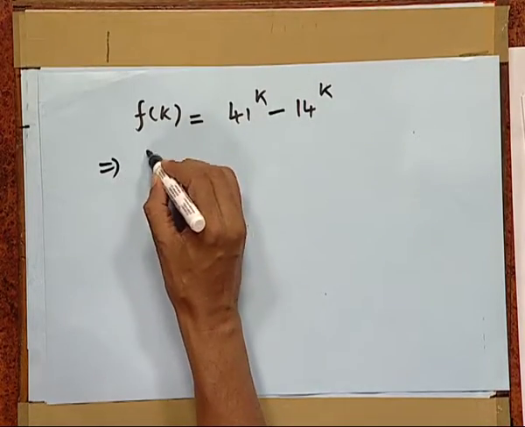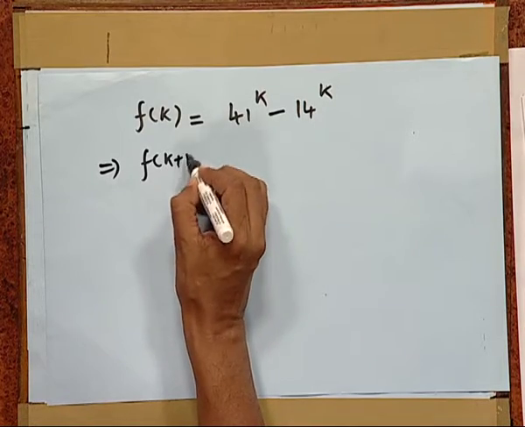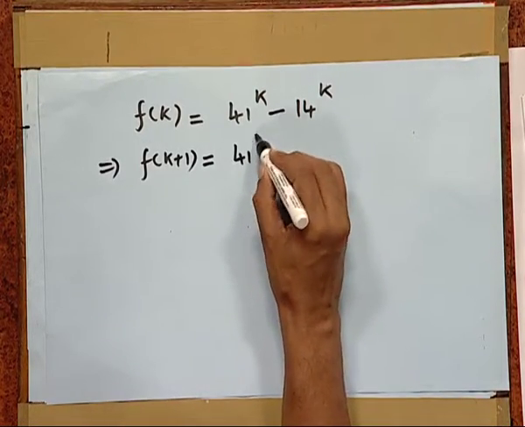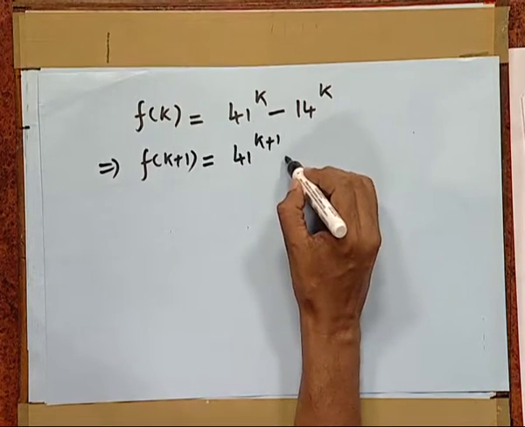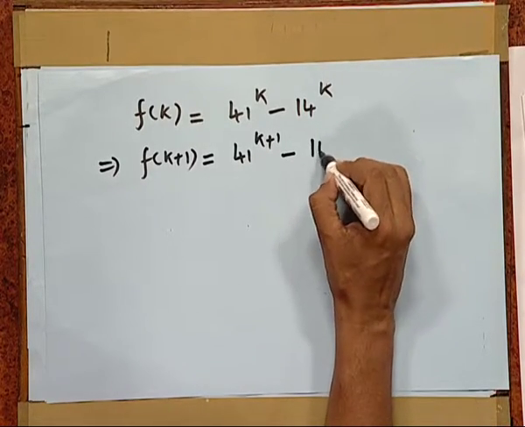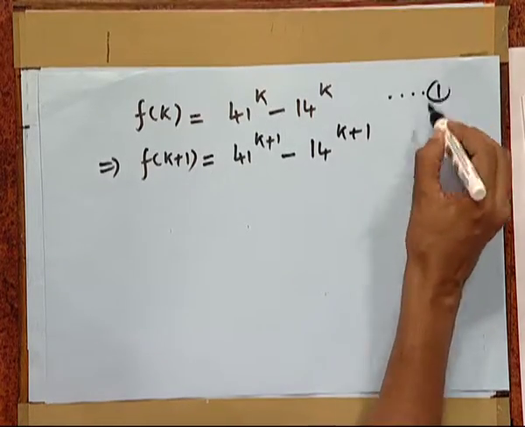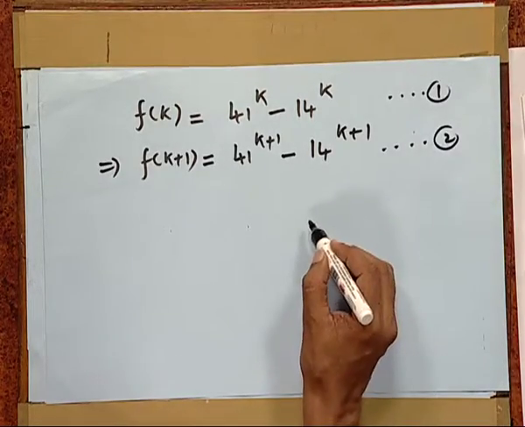This implies f(k plus 1) is equal to 41 raised to power k plus 1 minus 14 raised to power k plus 1. Now, from these two results, we eliminate the 41 raised to power k term. So, we can multiply the first equation by 41 and subtract from the second.